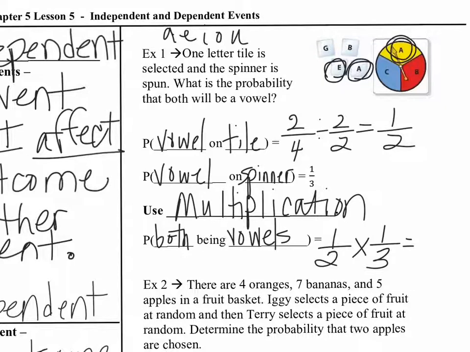Remember, how do we multiply fractions? If there's nothing to cross cancel, top times top, bottom times bottom. There is 1/6 of a chance of both being a vowel when you draw one tile and spin the spinner.